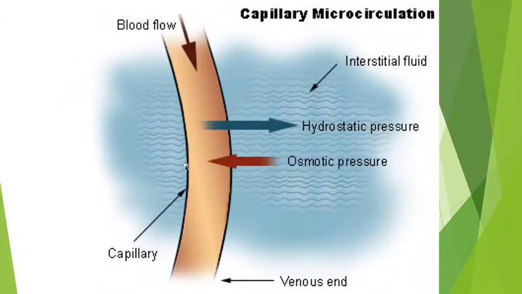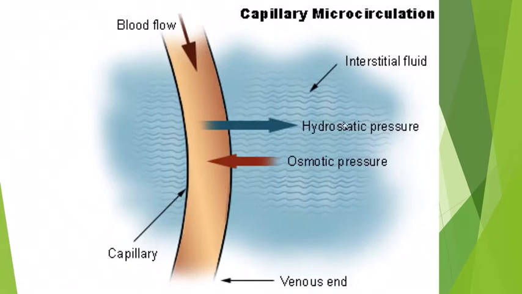Hydrostatic pressure is shown here, where blood pressure, blood flow comes from the systemic arterial side, cross over the capillary and onto the venous side. As we see, the hydrostatic pressure forces the fluid out through the capillary membrane. It's allowed to exchange nutrients, and other byproducts are then returned back in.